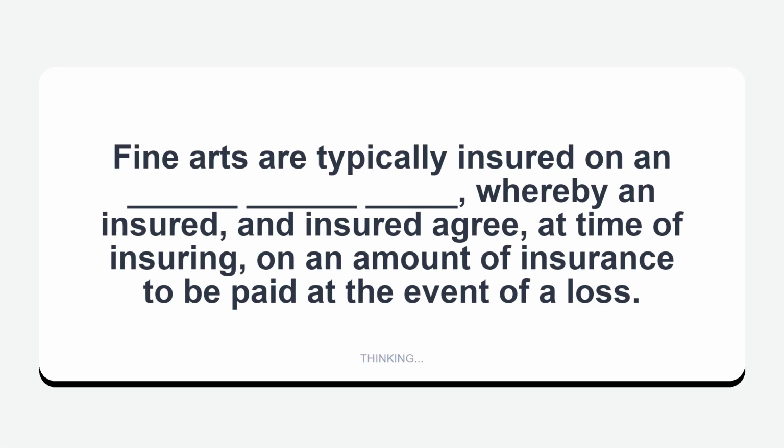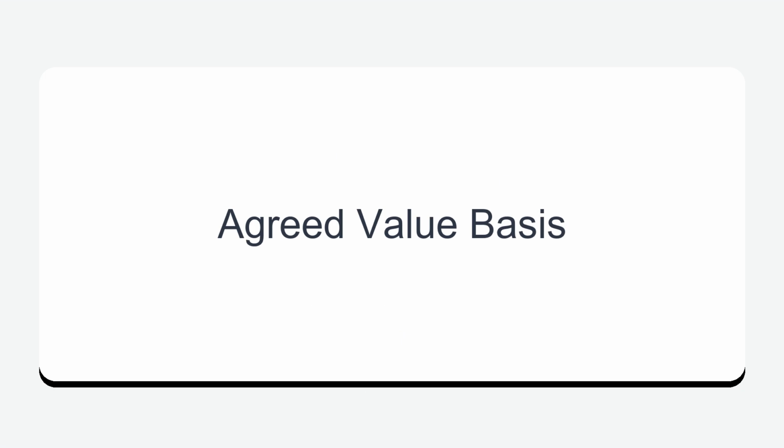Endorsements. Fine arts are typically insured on an blank, whereby an insured and insurer agree, at time of insuring, on an amount of insurance to be paid at the event of a loss. Agreed value basis.